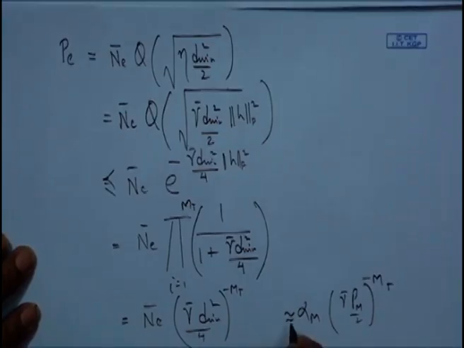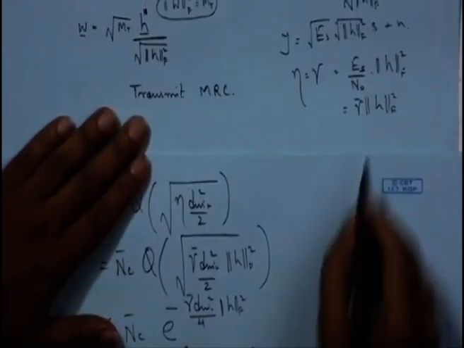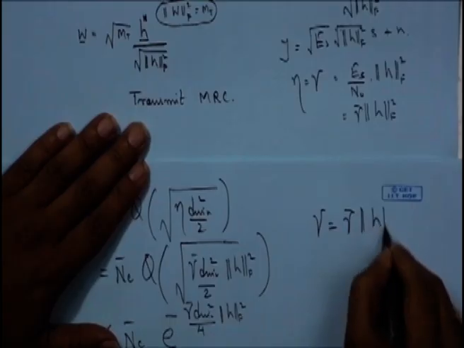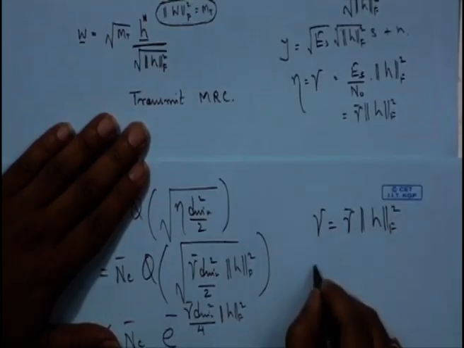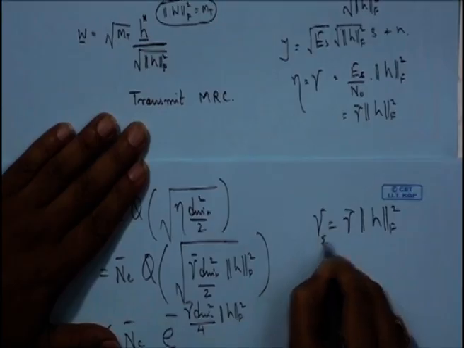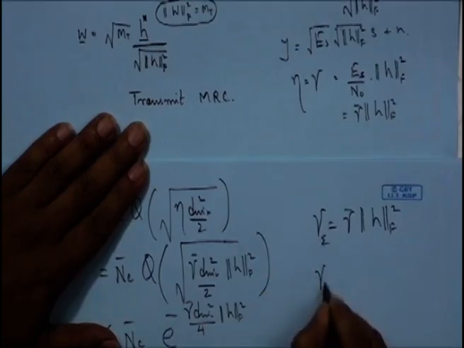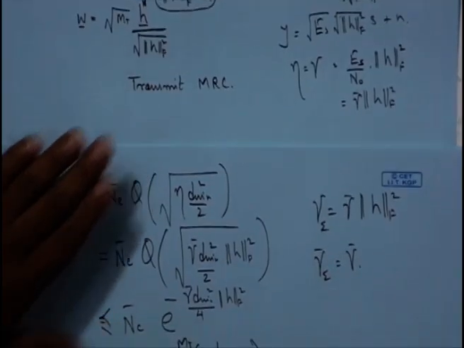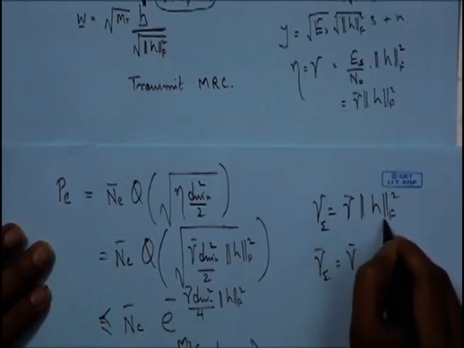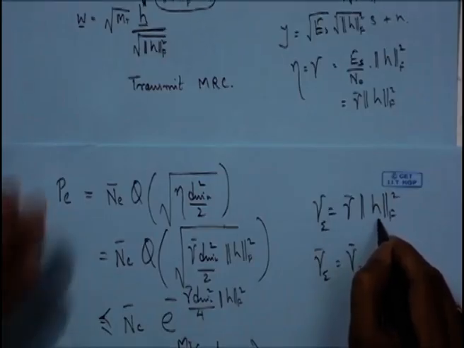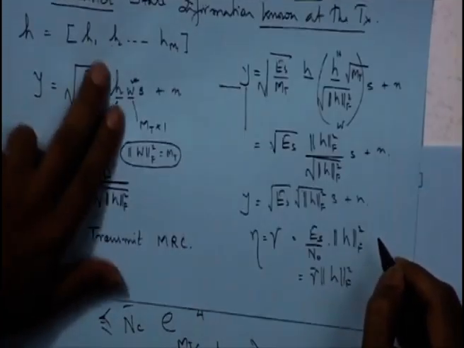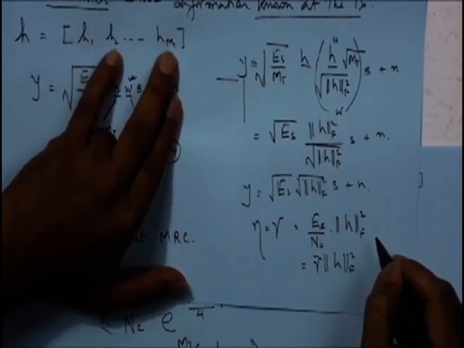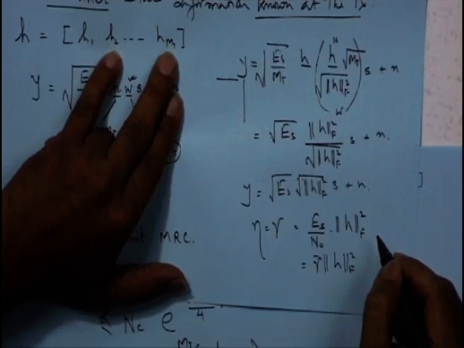Now here what we should note is when we are calculating this expression, eta or gamma is given as gamma bar times the Frobenius norm of H squared. So if I have to take the expected value of gamma, it is gamma bar times the expected value of this. The expected value of this is |h1| squared plus |h2| squared up to |hMt| squared, and E of |h1| squared is equal to E of |h2| squared, and so on.